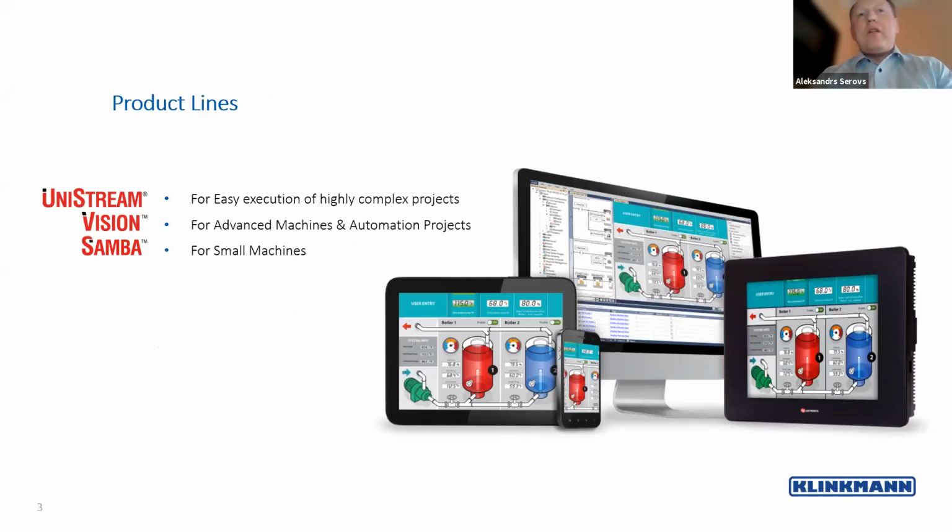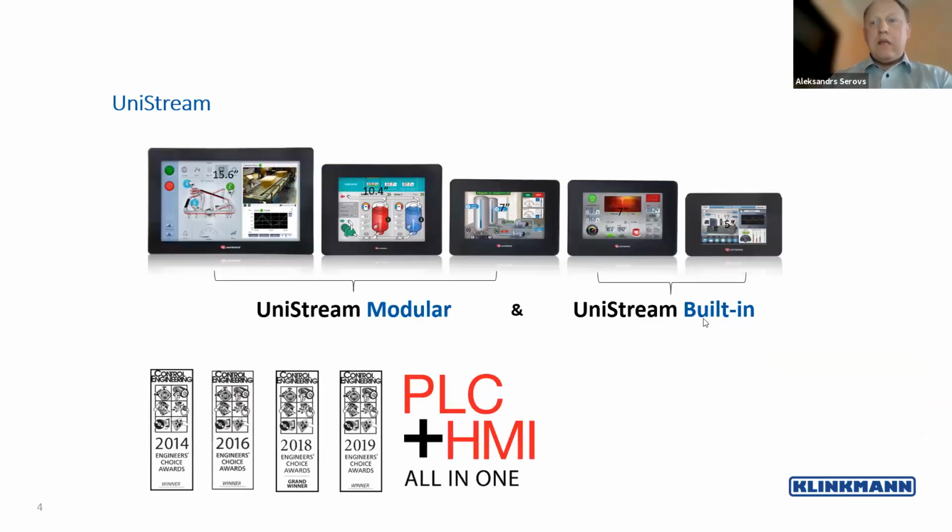What product lines includes? So it's UniStream. This is a higher line of products. Then one step below Vision and Samba devices. What can be UniStream solution? UniStream can be modular and built-in. What is the difference?